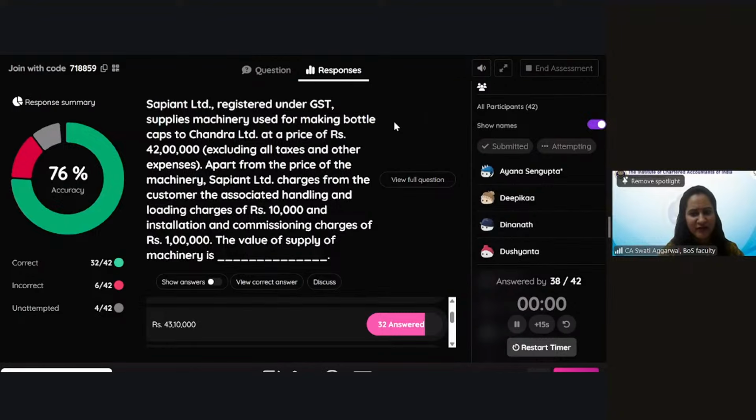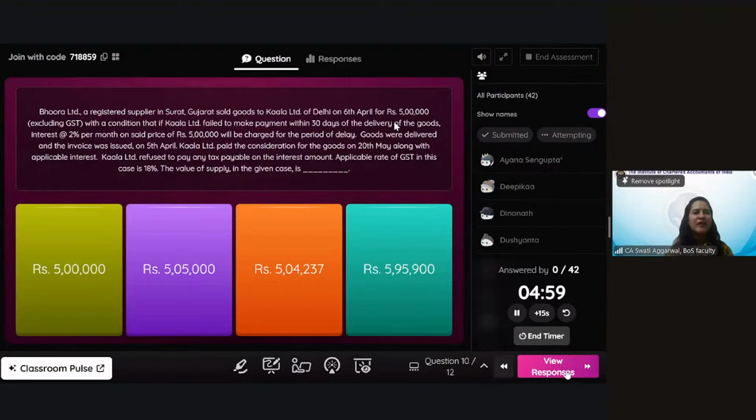Let's move to the next question. And we have 2 more questions where it will be decided who will be the winner of today's GST Chatter quiz. Bura Limited, a registered supplier in Surat, Gujarat, sold goods to Kala Limited of Delhi on 6th April for rupees 5 lakh, excluding GST, with the condition that if Kala Limited failed to make payment within 30 days of the delivery of the goods, interest at 2% per month on the sale price of rupees 5 lakh will be charged for the period of delay.